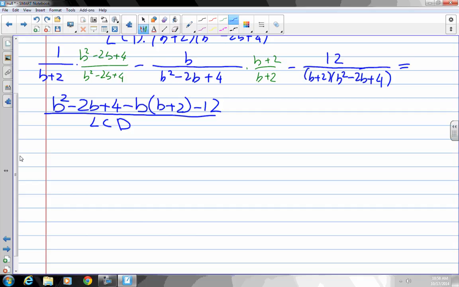I can right away go 4 minus 12 is negative 8. I can do that already. Will you hold that against me if I do that right away? 4 with a negative 12 is negative 8. So that I have b squared minus 2b minus 8 minus b squared minus 2b all over the LCD.